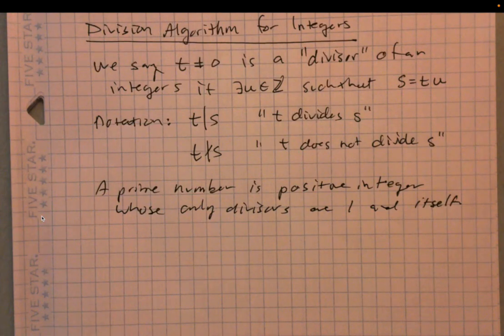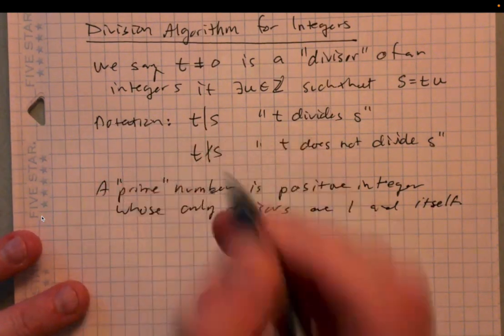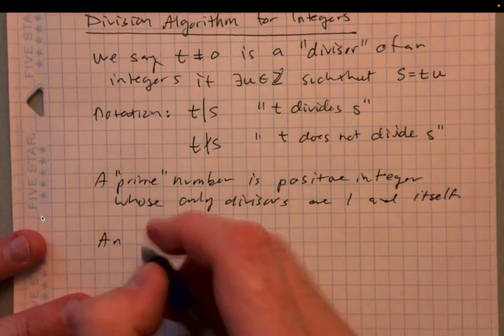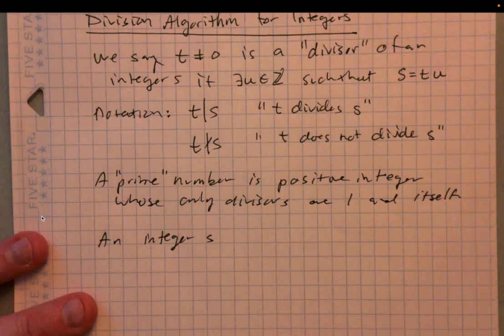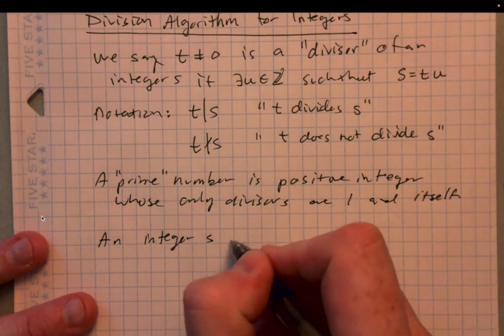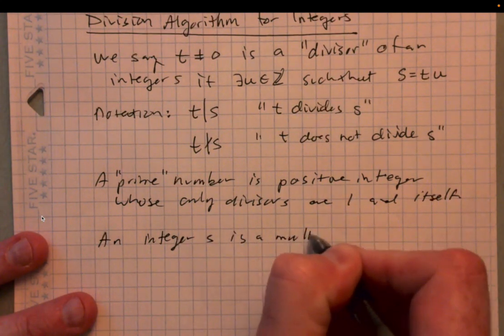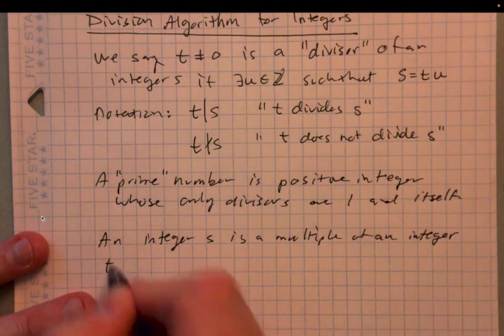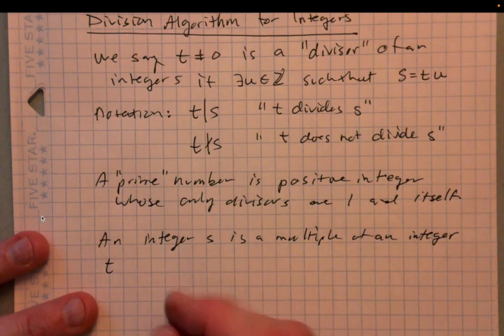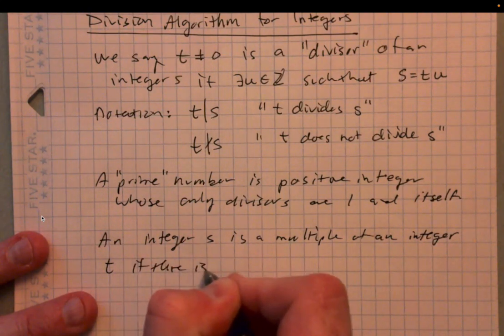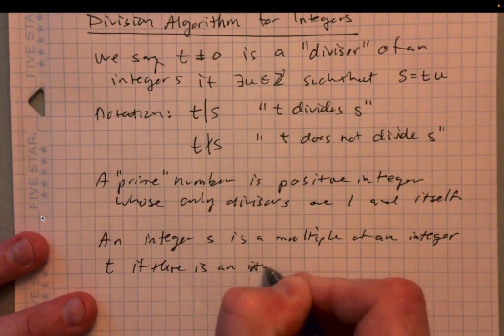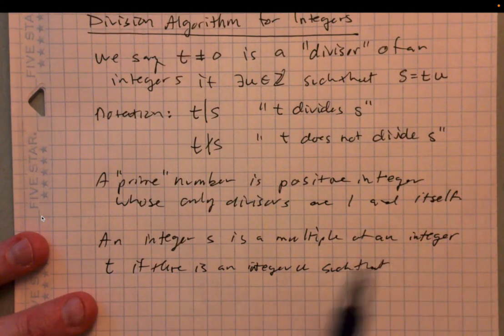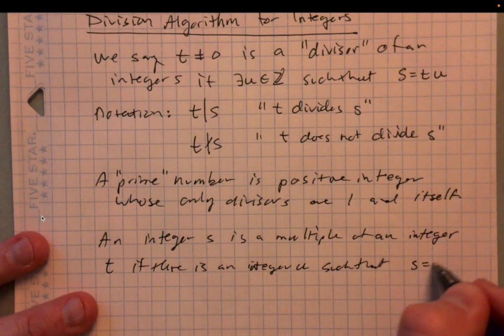Okay, and a closely related idea is the idea of a multiple. An integer s is a multiple of an integer t if there's an integer u such that s is equal to t times u.